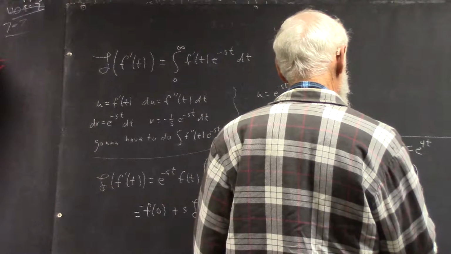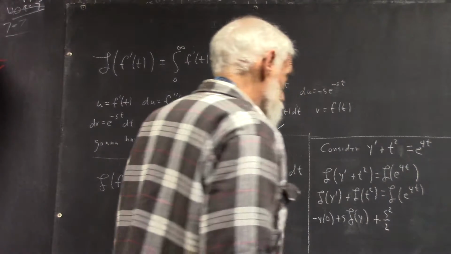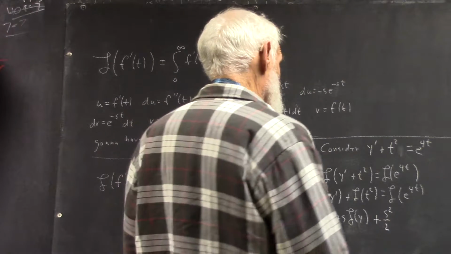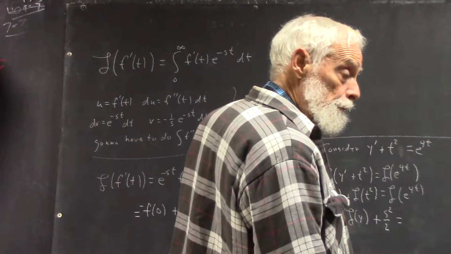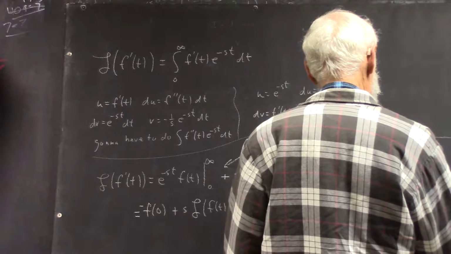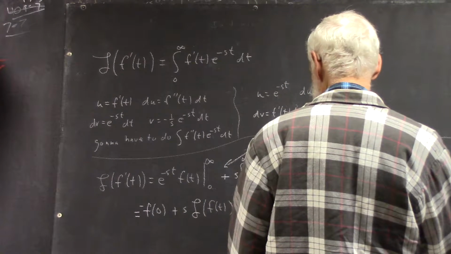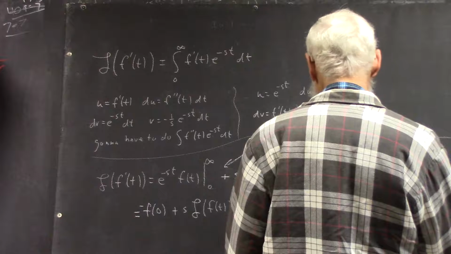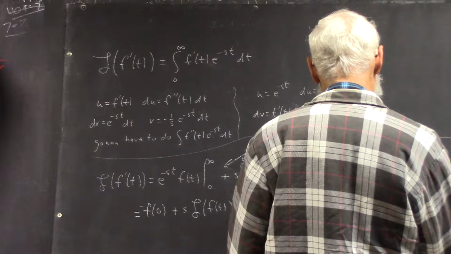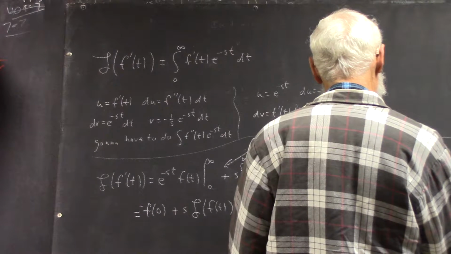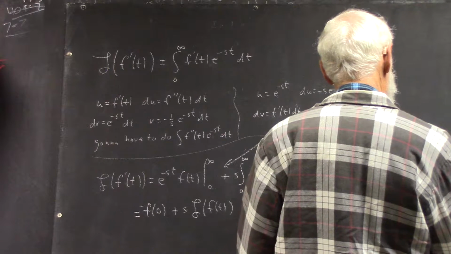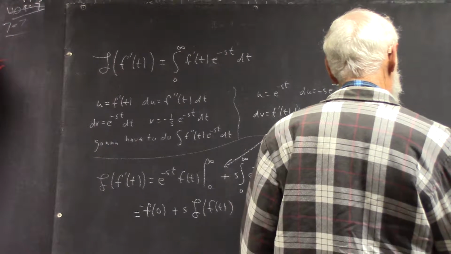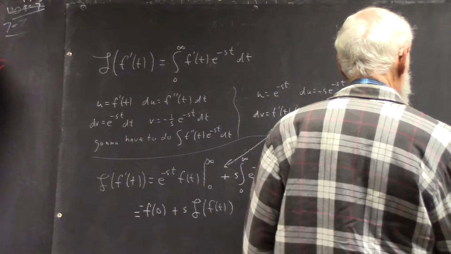S squared over 2. And that equals the Laplace transform of e to the 4t, which is 1 over s minus 4, where s has to be greater than 4.